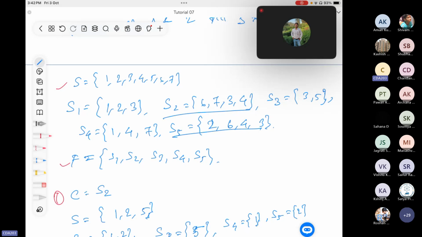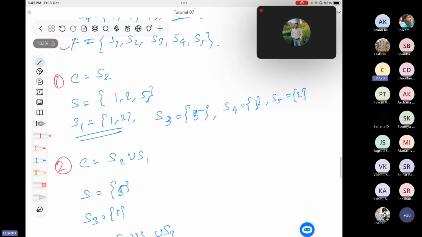This is a small example, so you can observe and find whether there exists a cover smaller than this or not. So if you look at this particular setup, A is equal to 1 to 5.